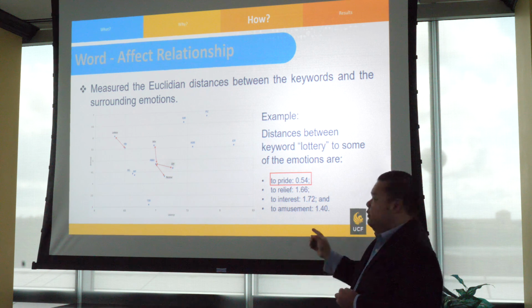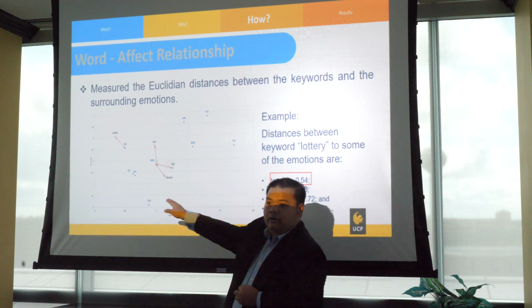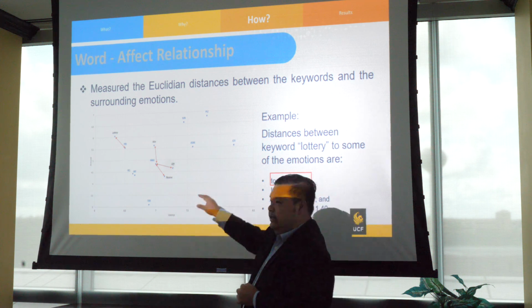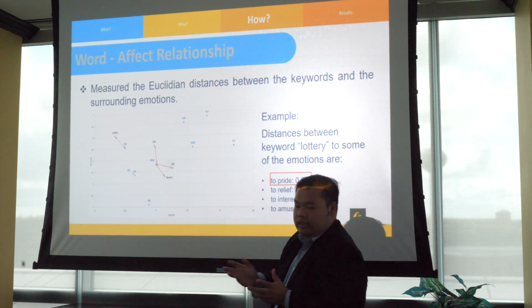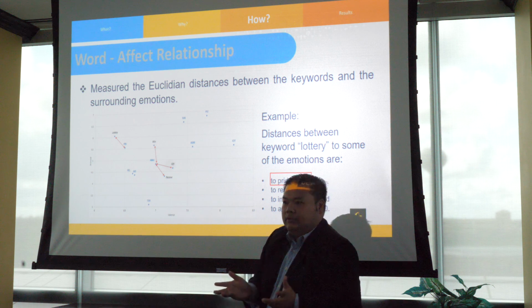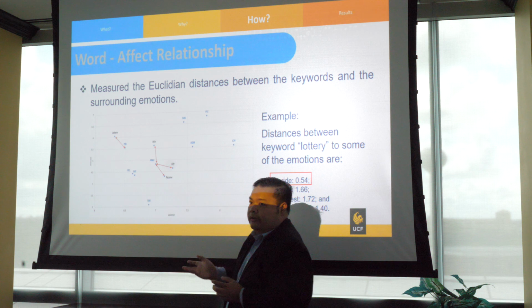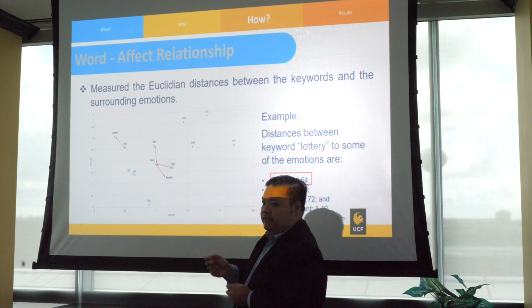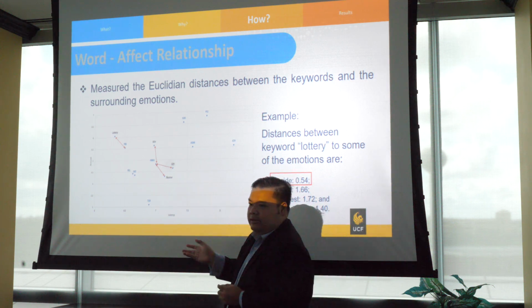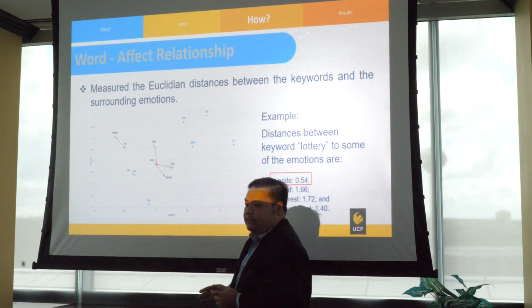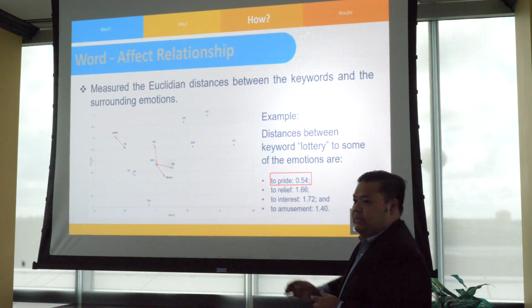From the coordinates from the Kuperman et al. corpus. Yes. Okay. So basically I just use those coordinates and map them, and then try to find out whether the lexicon is really working, whether we can tie certain words with emotion or not. So in order to confirm that, I just map it and try to see it. And it's meaningful, right? Lottery is correlated with pride. So basically, these are some examples.